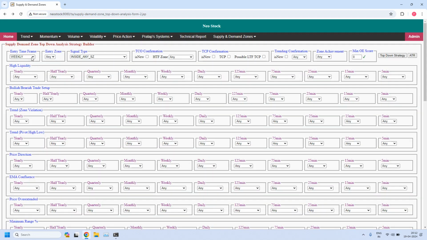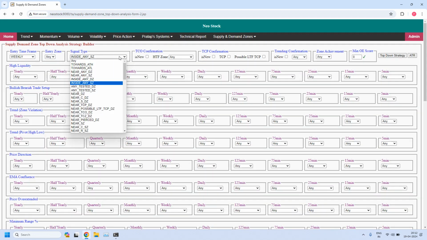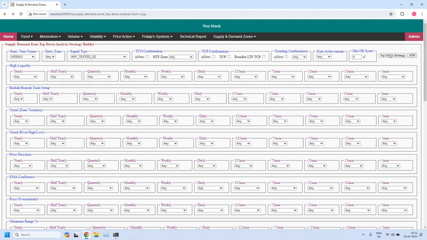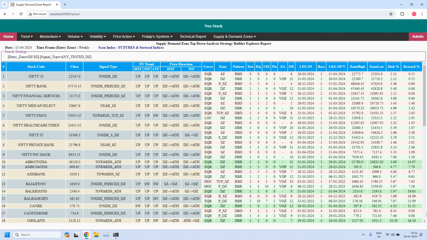Let me go back. For weekly time frame, let us find the stocks that tested the weekly demand zones during this week. So many demand zones are tested today. Weekly demand zones are tested and price closed, it seems, in many stocks.